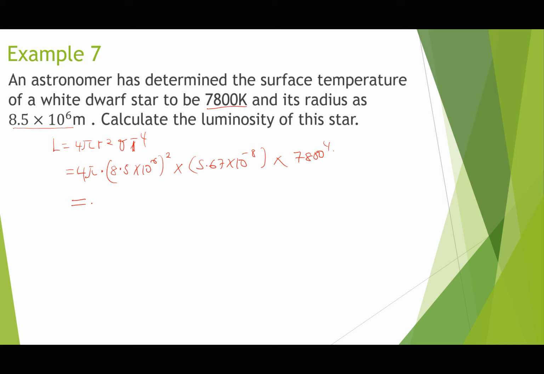So I'll just press my calculator. 4 pi times 8.5 exponent 6, squared, times 5.67 exponent minus 8 times 7800 power 4.